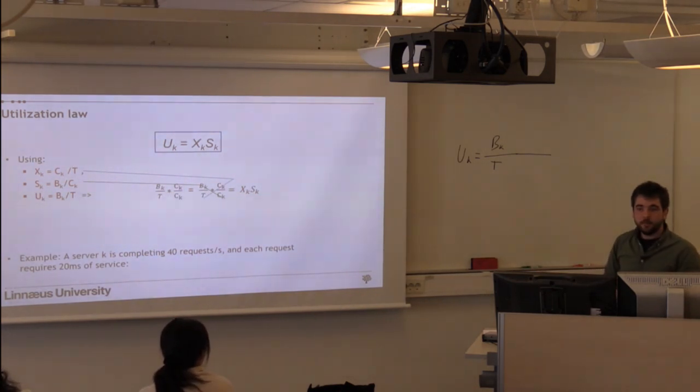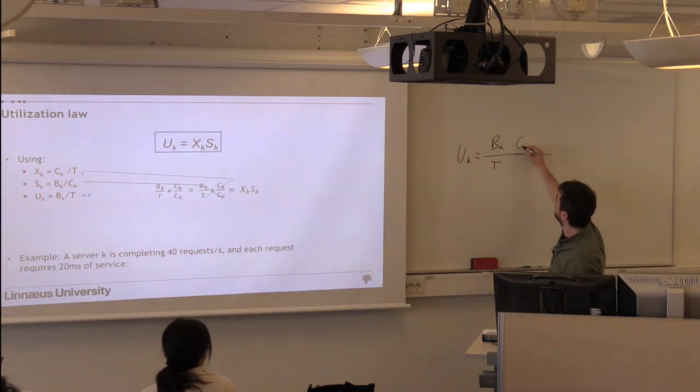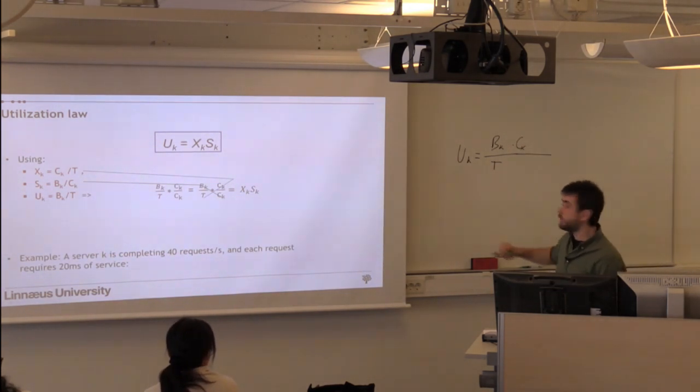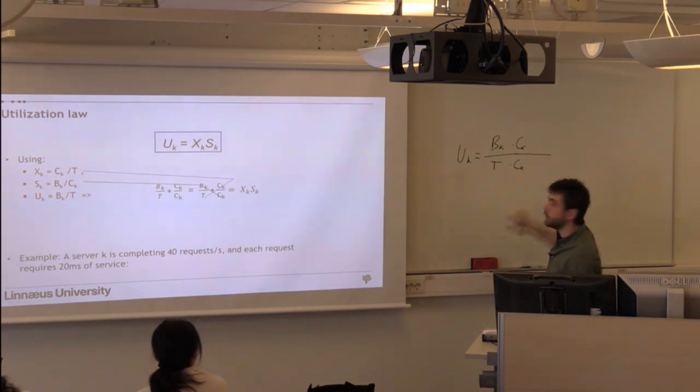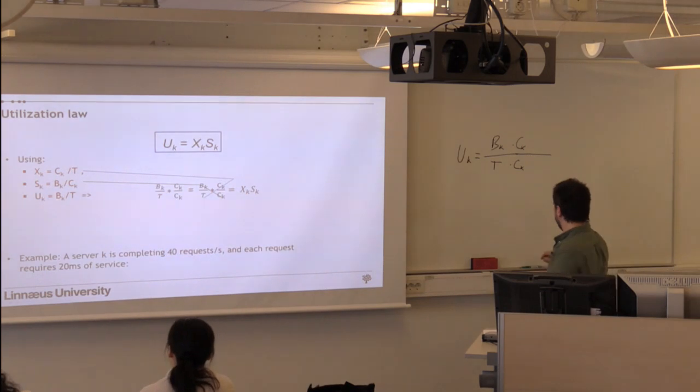Now we can multiply and divide by the same number here. Let's say that we multiply by the number of completions here and the number of completions here. This is still true, right?